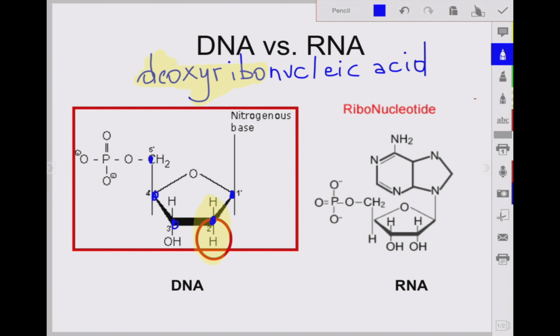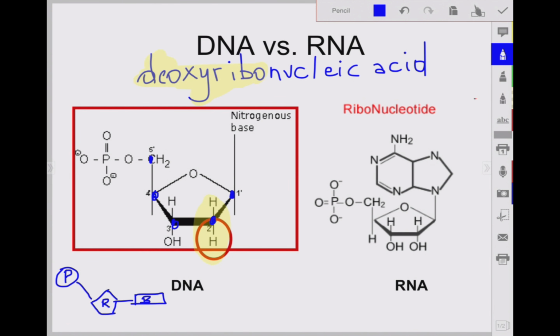Often the way we draw that is just a quick little drawing here. Go like this, and we'll draw the phosphate kind of coming up from the side here like that, and then we draw the nitrogenous base like this. You'll often see this drawn. And this is your sugar here.